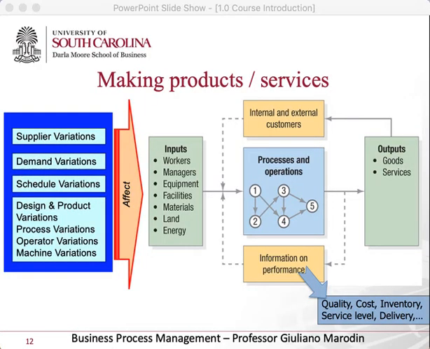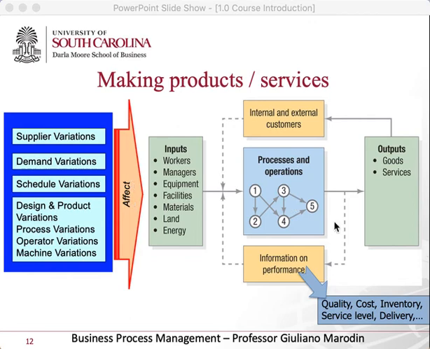Okay, so to improve something, I basically need to change things, change the way that I manage my inputs or the inputs themselves, change the way that I do my process steps, or reduce this variation that's happening in different elements, different inputs in my process, right?